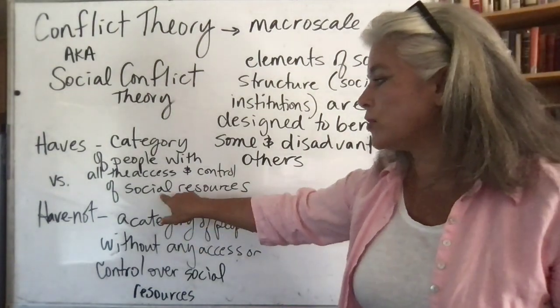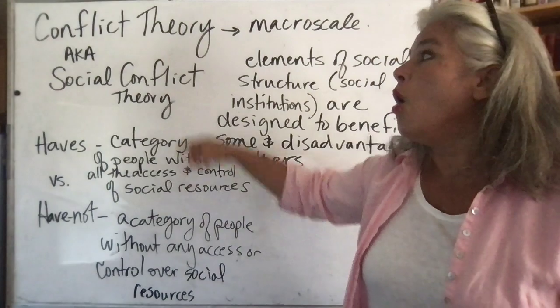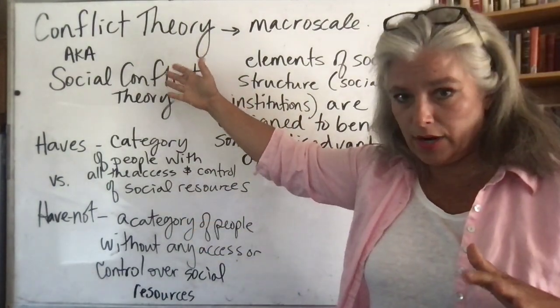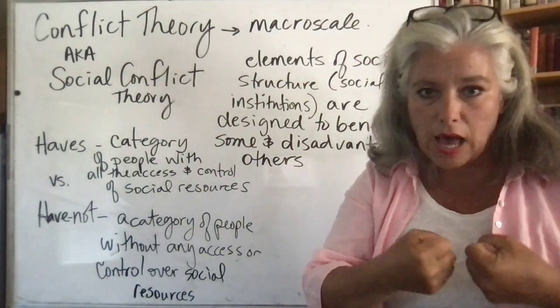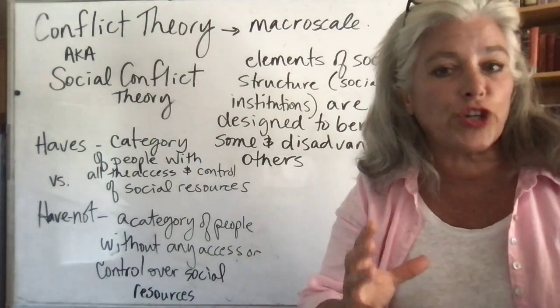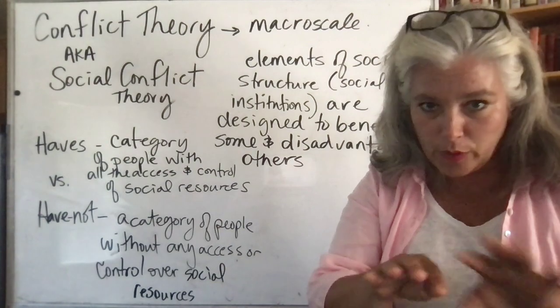So this concept, social resource, is really important in understanding what conflict theory is all about, because conflict theory, the word conflict, refers to a struggle in society among different groups of people, huge portions of the population I'm talking about here, not just a small you and me level.